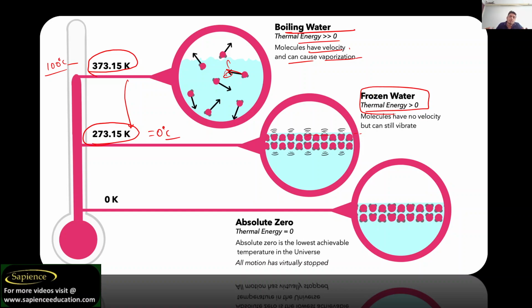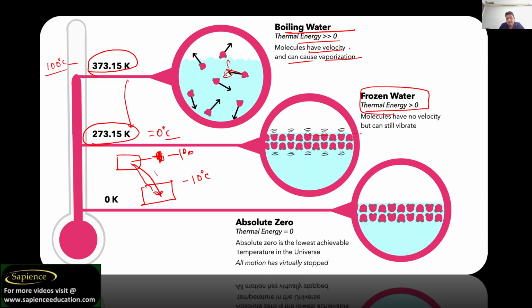Because, let us consider there is an ice at a temperature of minus 1 degree Celsius, and another ice at a temperature of minus 10 degrees Celsius. You know that heat will flow from minus 1 degree Celsius to minus 10.